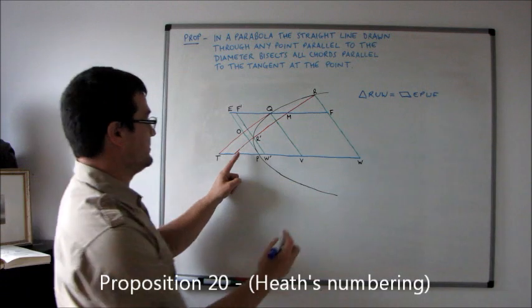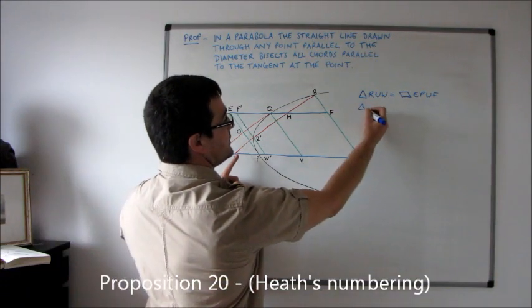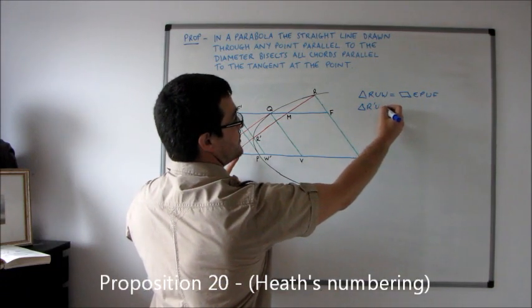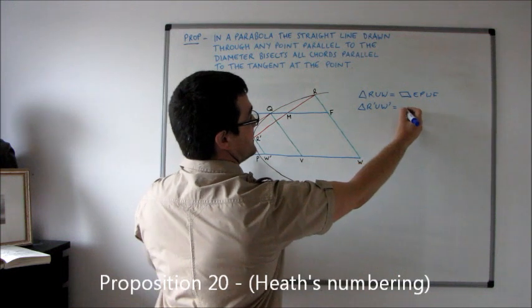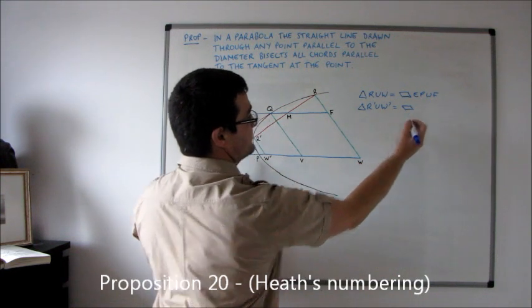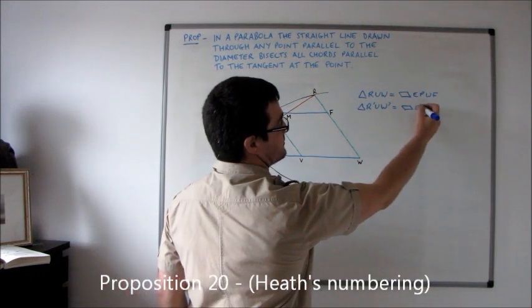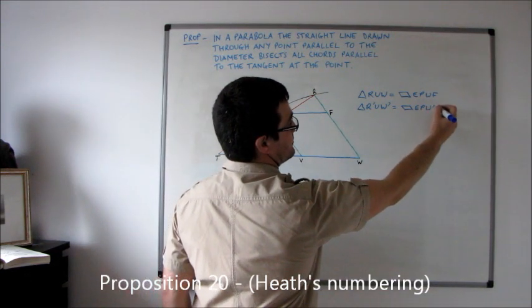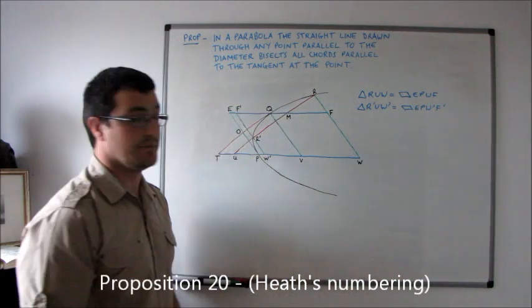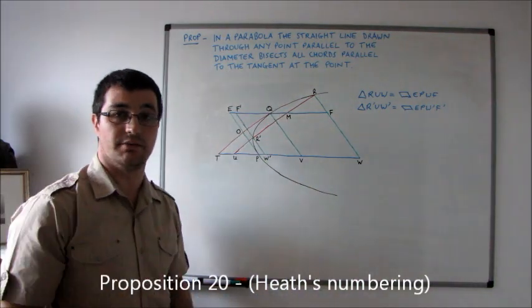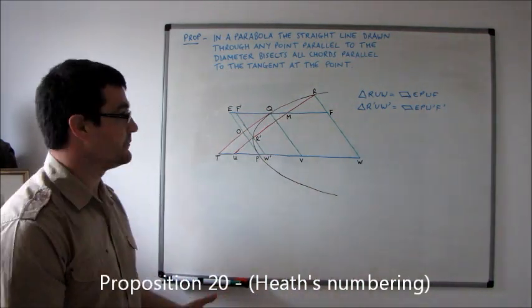Similarly, we can say that triangle R primed U W primed is equal to parallelogram EP W primed F primed. So both of those follow immediately from proposition 17.